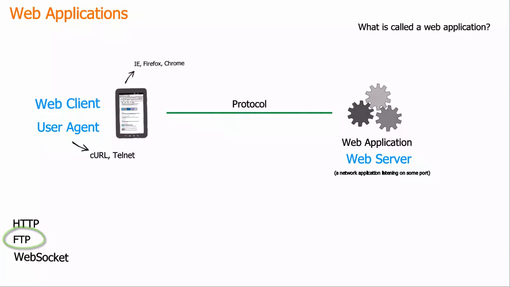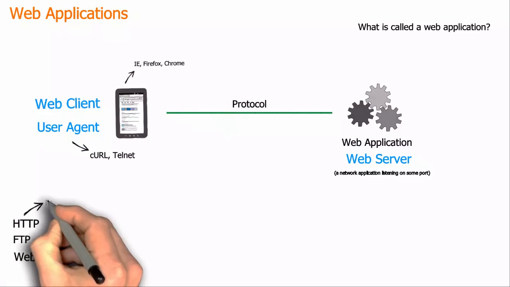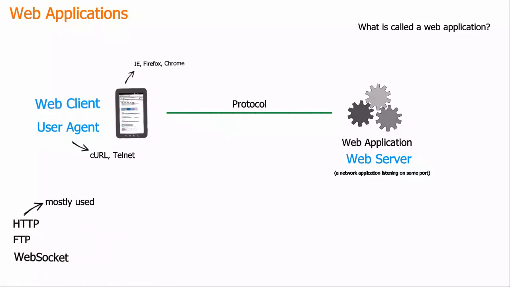Among all these protocols, the HTTP protocol is the most used protocol between the web client and the web server. That means most of the time the web client and the web server speak to one another using the HTTP protocol. In fact, in this whole tutorial, we are going to focus only on the HTTP protocol. So let's dig somewhat more into the HTTP protocol.